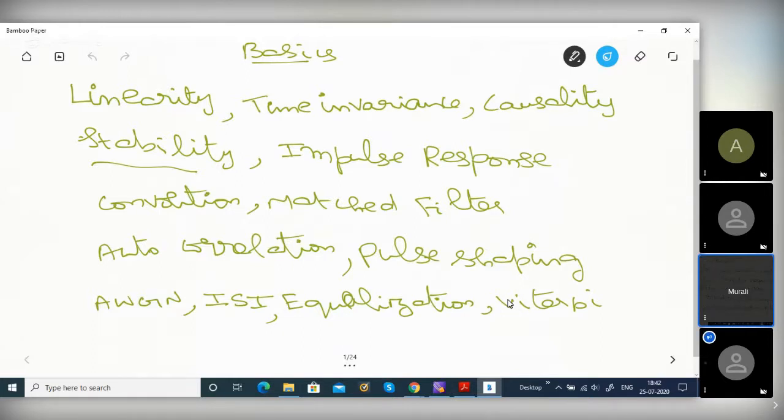I proved it: if h of -1 is non-zero, then it cannot become causal, because y of 0 would depend on x of 1, which is not possible.